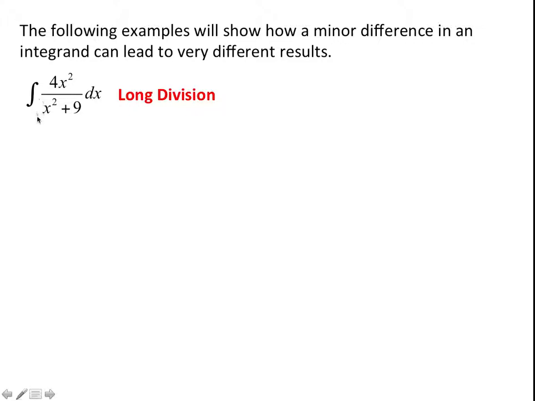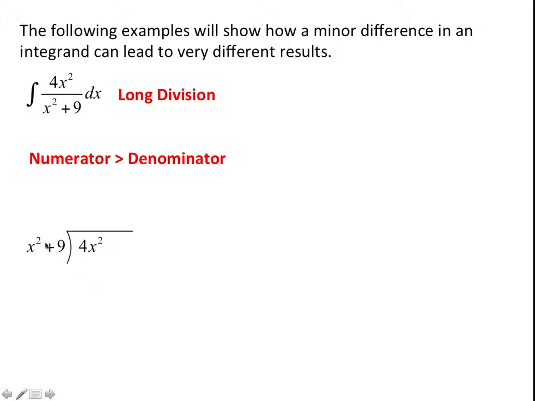So we want to know how many times x squared plus 9 goes into 4x squared. So let's go ahead and look at that. So how many times does x squared go into 4x squared? So this polynomial is really 4x squared plus 0x plus 0. We're going to keep that in mind as we try to do this long division.